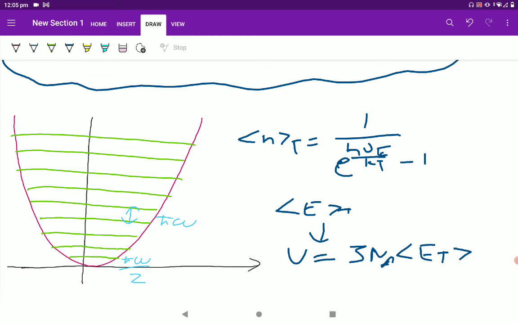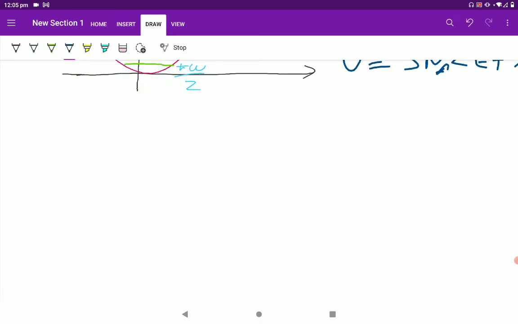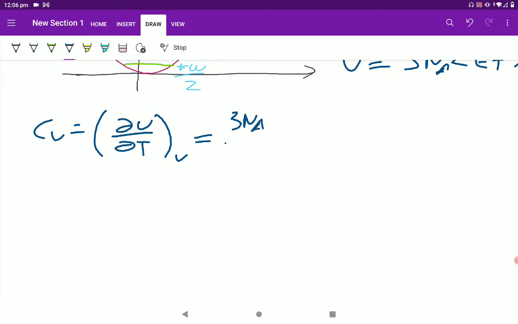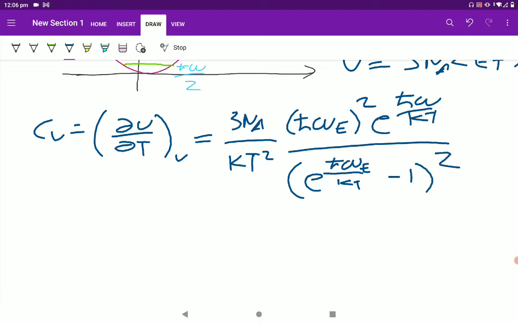After substituting the value of average energy and taking the derivative, we get an expression somewhat like this: 3 N Avogadro number, k T squared h cross omega e to the power h cross omega by kT, divided by e to the power h cross omega by kT minus 1, squared.